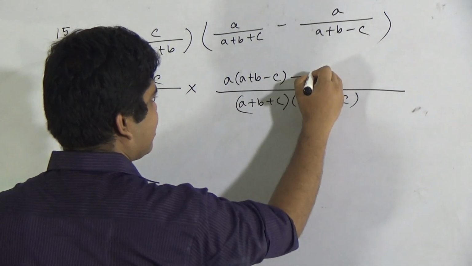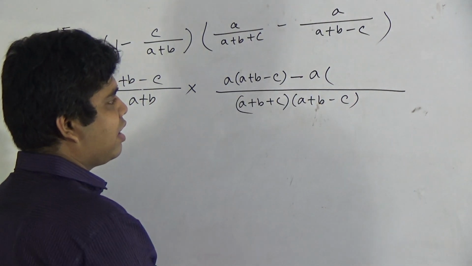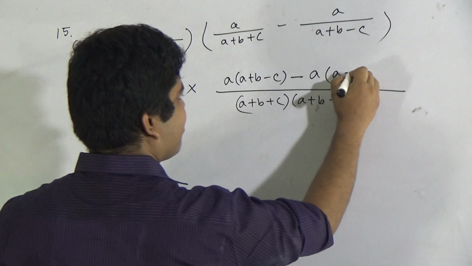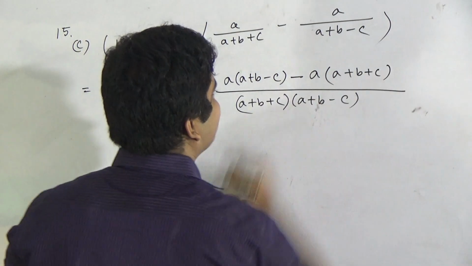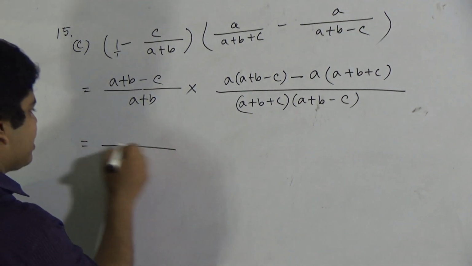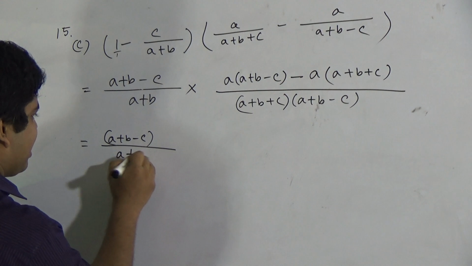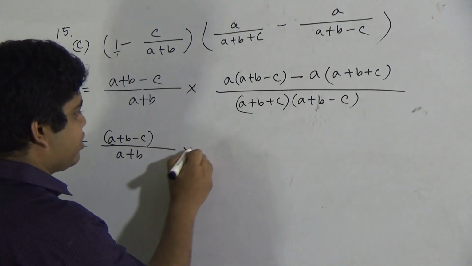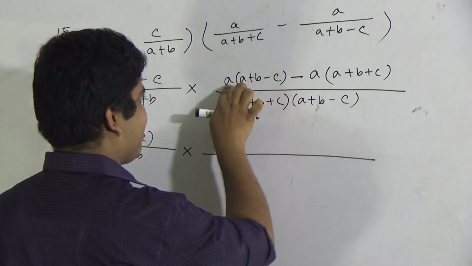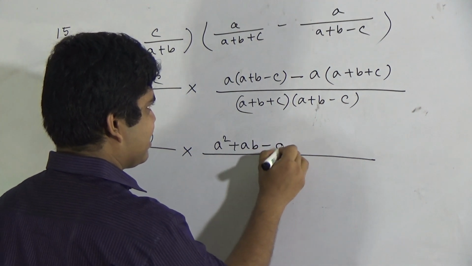On the other hand, A into, we divide this LCM by the denominator of the second fraction and we get A plus B plus C, which is multiplied with the numerator. Now we write A plus B minus C divided by A plus B, and we multiply this number by A and it will be A square plus AB minus AC.